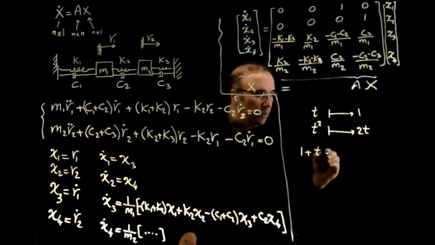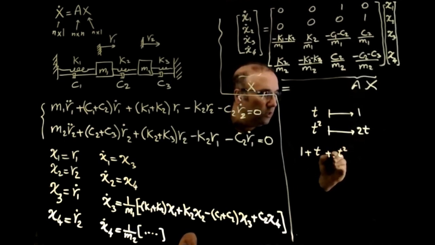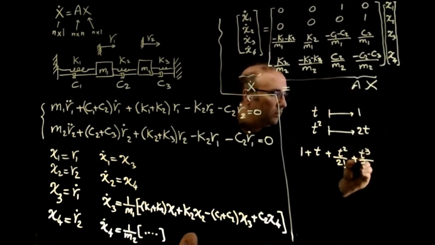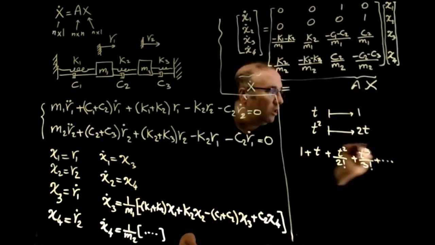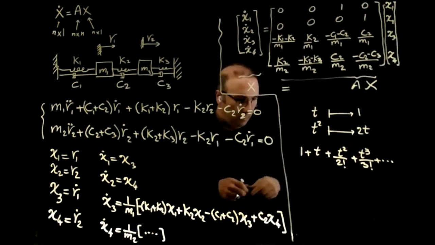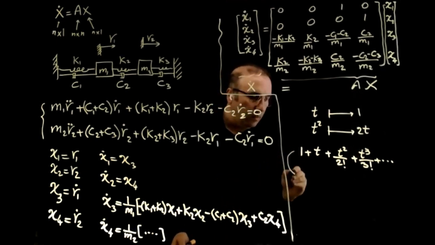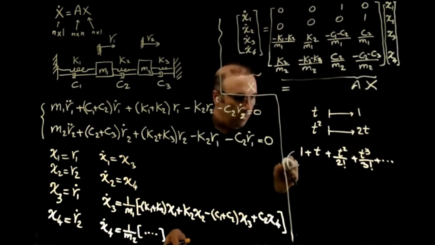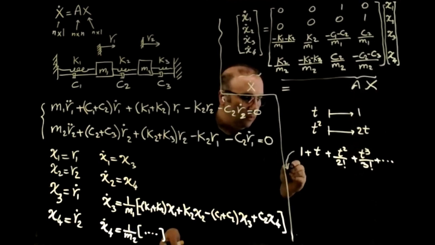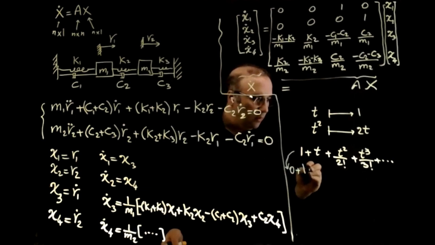If I write it as 1 plus t plus t squared over 2 factorial plus t cubed over 3 factorial plus all the other terms, and I do the derivative, then the derivative of 1 would be 0. Let's start a little bit earlier, so every term would be underneath its correspondent. So that would be 0, plus derivative of t would be 1.